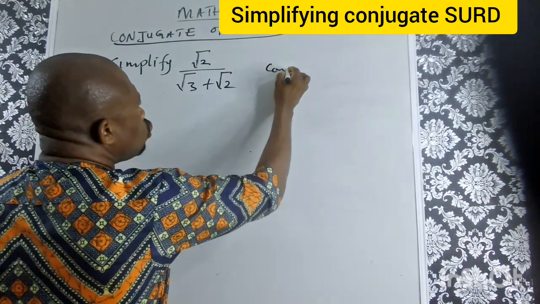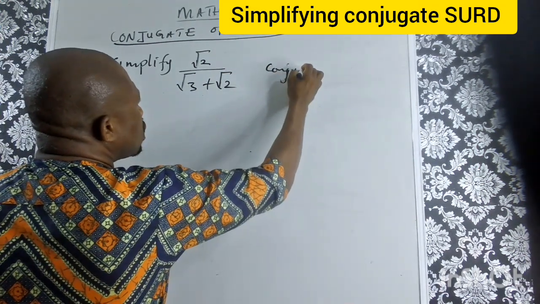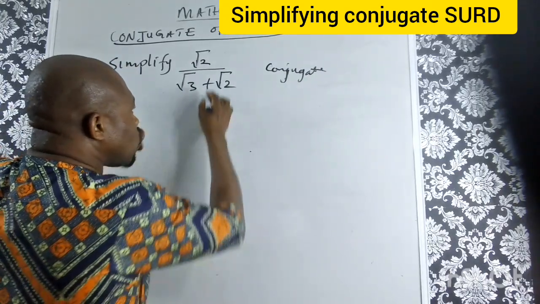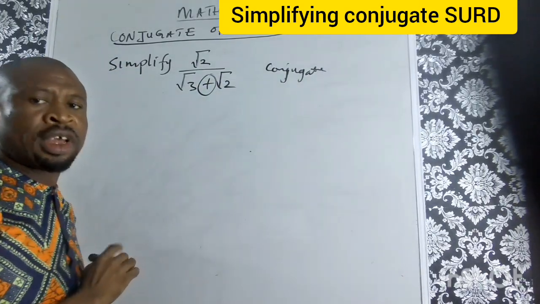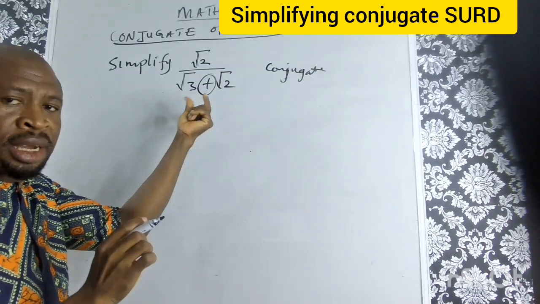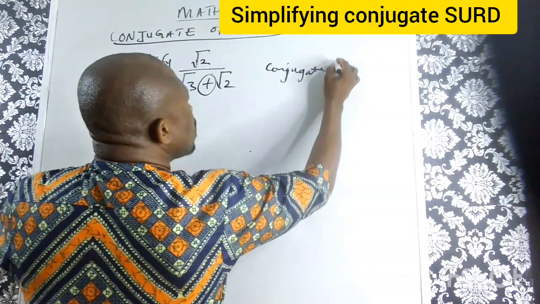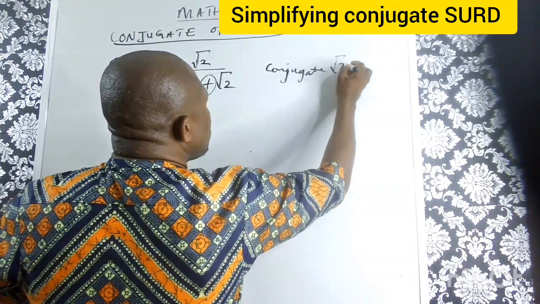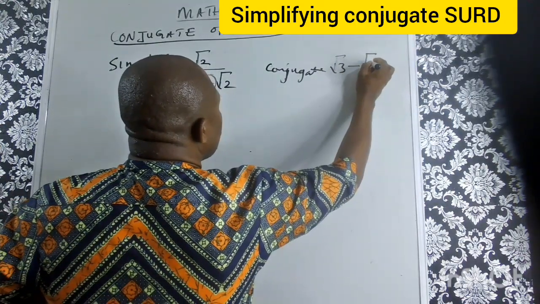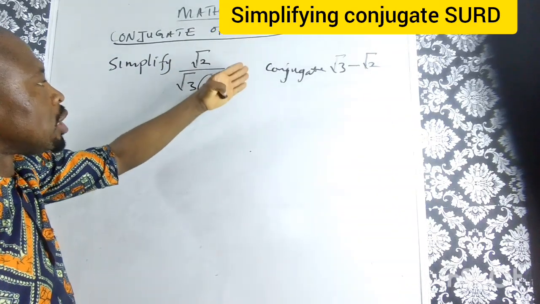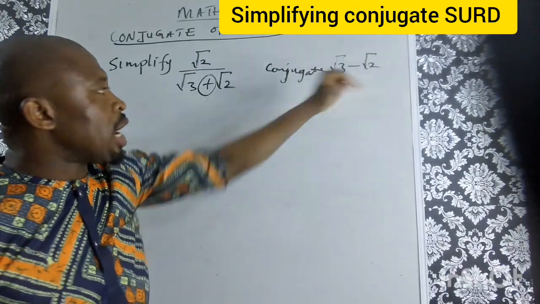So this is the conjugate of the denominator. The conjugate of the denominator is just the opposite of the connecting sign, that sign that connects the two. So the conjugate is the square root of 3 minus the square root of 2. So we multiply both the numerator and the denominator with this conjugate.